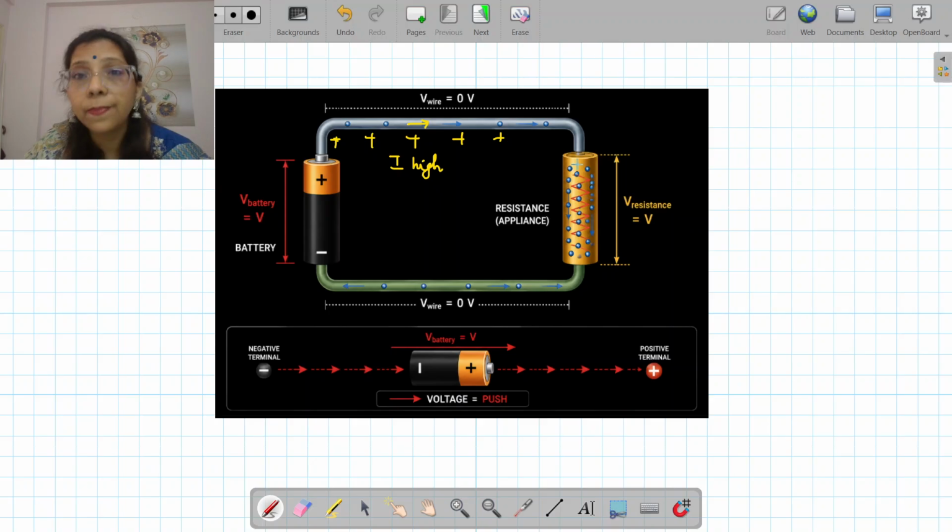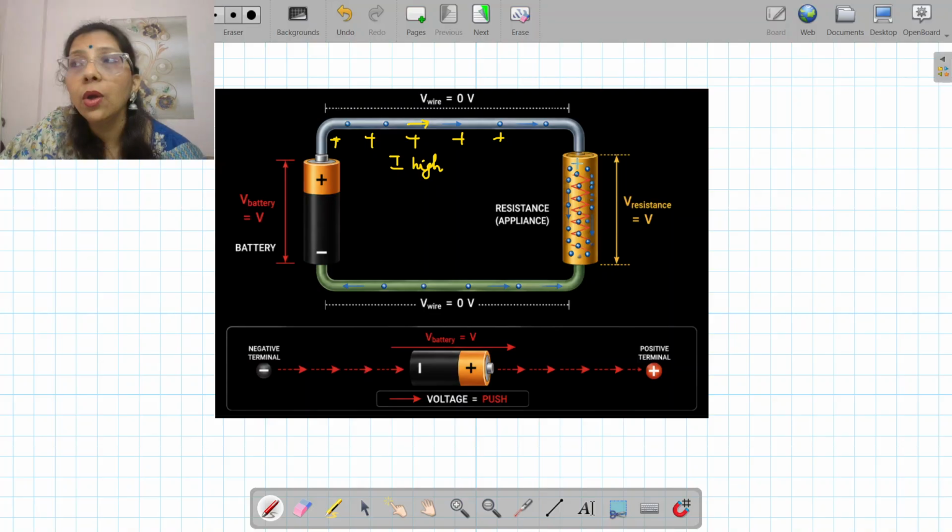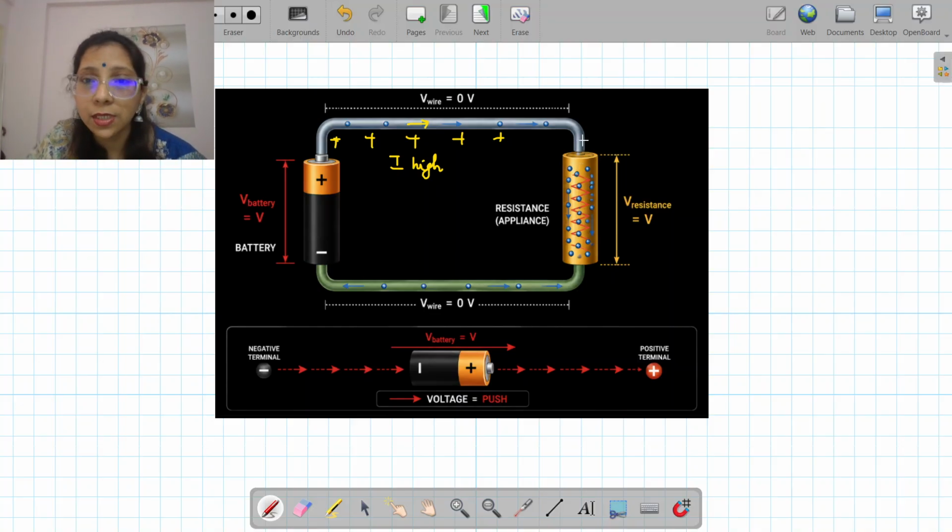The resistance applies a high obstruction to the positive charges. So the positive charges are not able to get in at an equal rate. So what happens? Some positive charges are accumulated here. They are still waiting to get in, right?